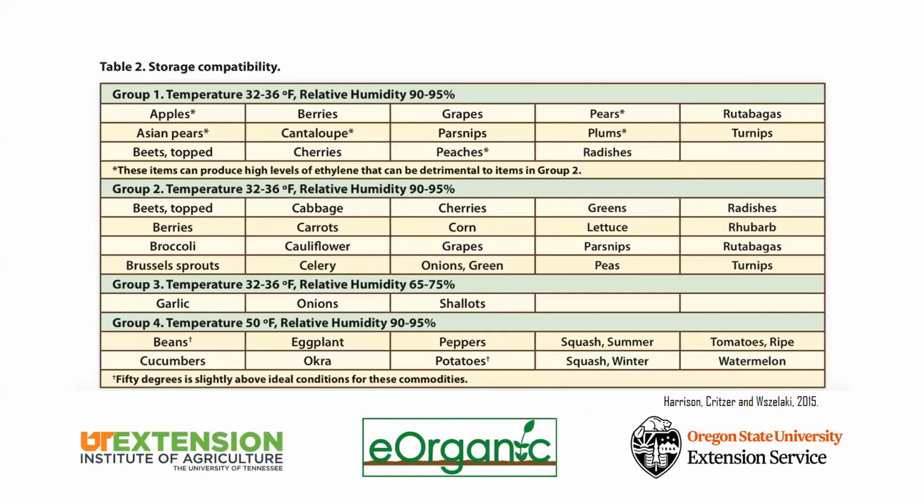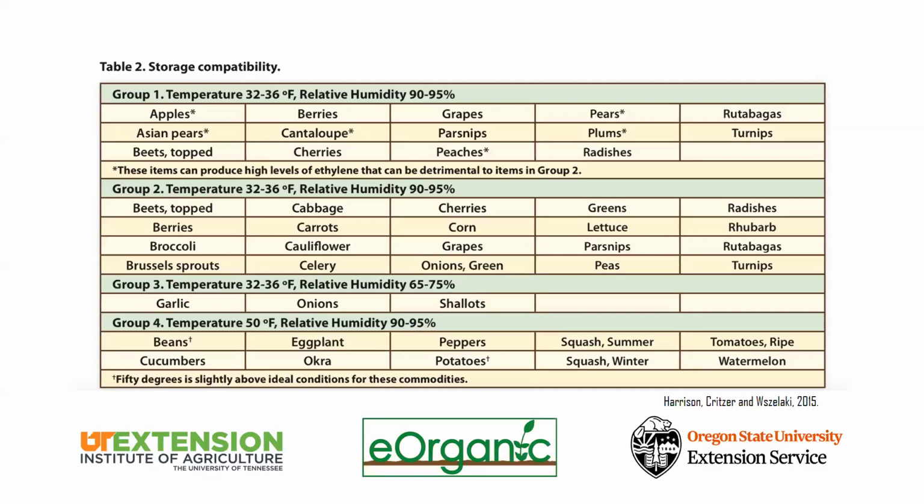And this is just an example of a table. This is storage compatibility for various fruits and vegetables, and it's broken down into 4 groups to make it easier for people to decide how to store things, what humidity things are stored at, and what temperature. In the first group are things like berries and cherries, and they're going to be at 32 degrees. Then we have things in group 3, like the garlic and the onions and the shallots, and they're going to have less humidity than those other things.